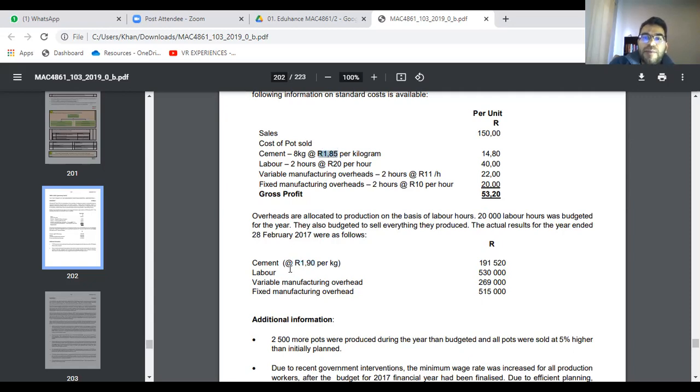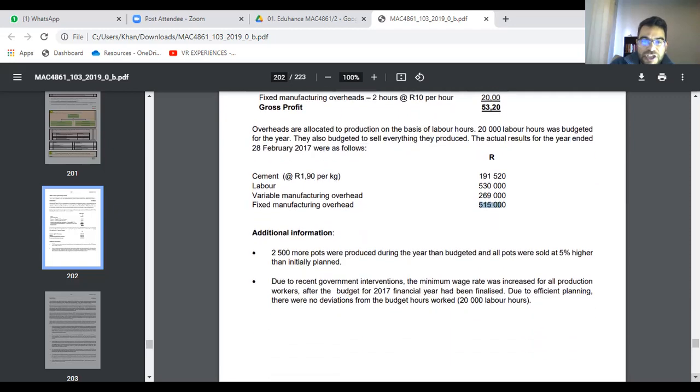Once we get the actual number of units, we will be able to know how many kilograms per unit we have used. For labor, they're telling us the actual cost of labor, same for variable manufacturing overheads and for fixed manufacturing overheads.